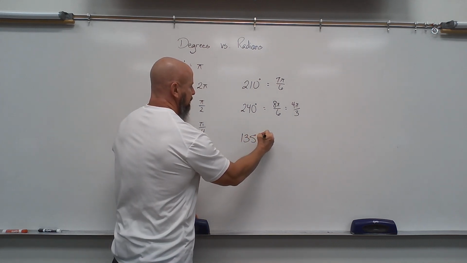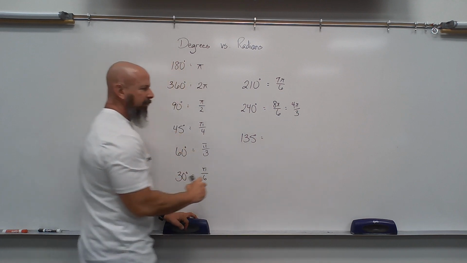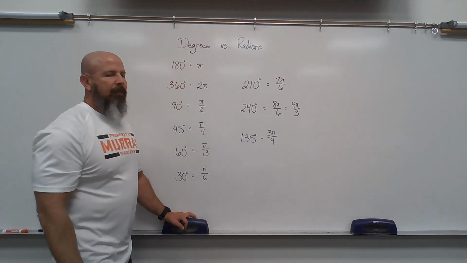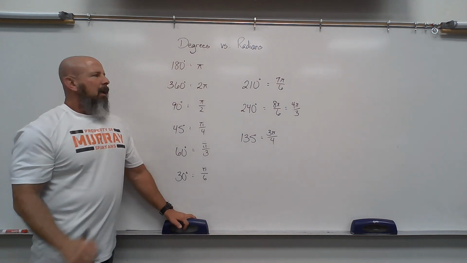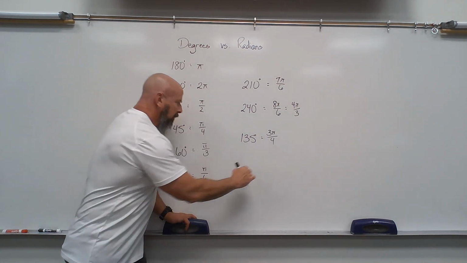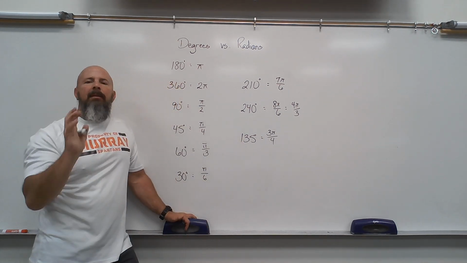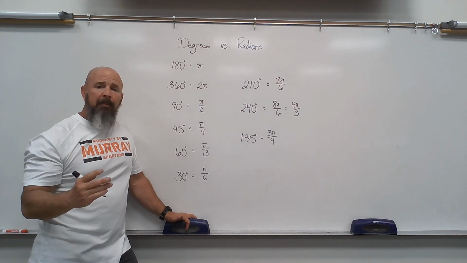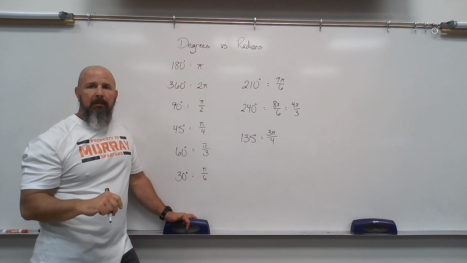135 degrees. That's 3 of those 45s. So 3 pi over 4. Okay. The main idea would simply be this. 3 pi over 4, 135 degrees. Those two angle measurements are in the same spot going around the circle. Okay?